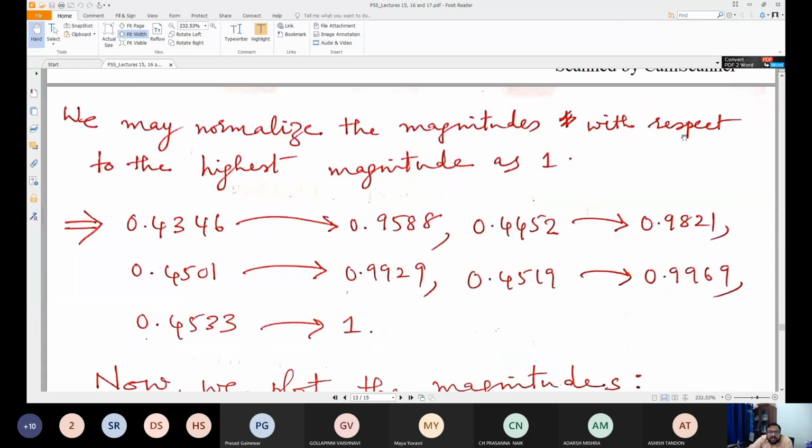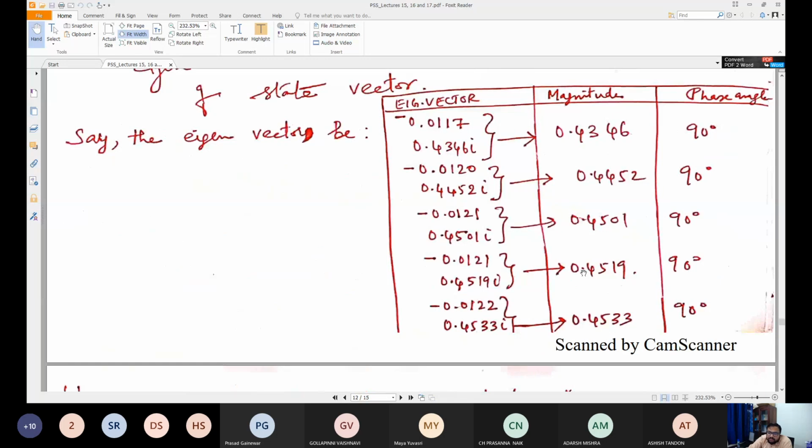We may normalize the magnitudes with respect to the highest magnitude as 1. Where is the highest magnitude here? In these magnitudes, which is the highest magnitude? 0.4533. If this is considered as 1, we can normalize all these values based on this reference.